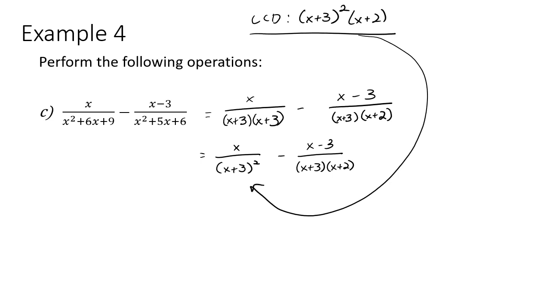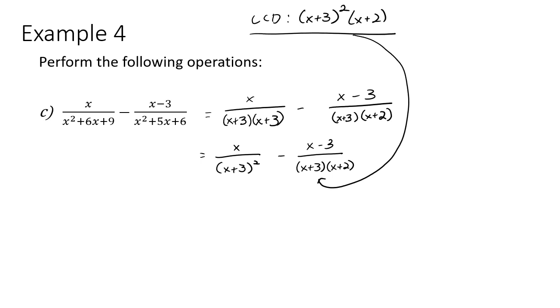So once again, you can now compare this to our two denominators to see what's missing, what you need to multiply in. For the one on the left, the x plus 3 squared, that's just missing the x plus 2, so we're going to need to multiply that in. And for the one on the right, the x plus 3 times x plus 2, that's just missing one of the x plus 3's. So we're going to need to multiply that in. And so that's exactly what we're going to do.